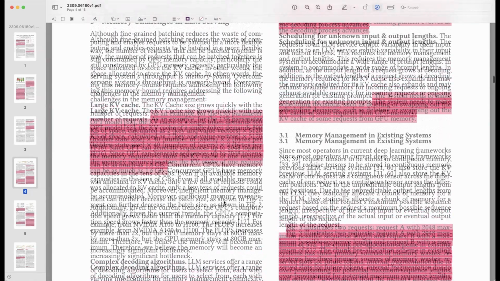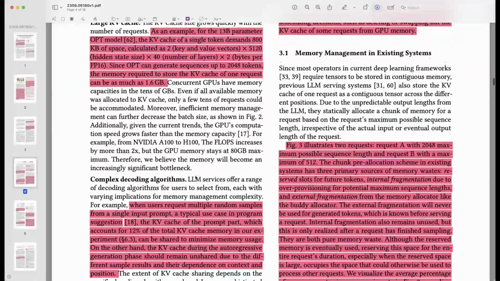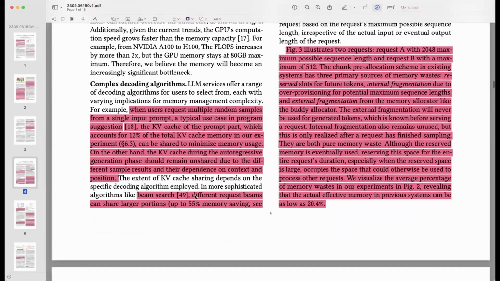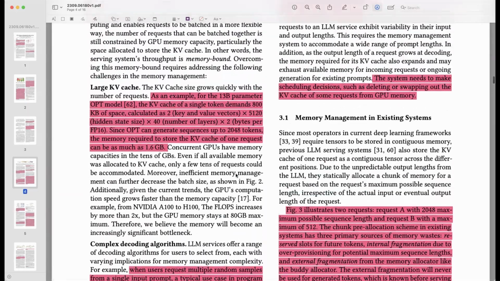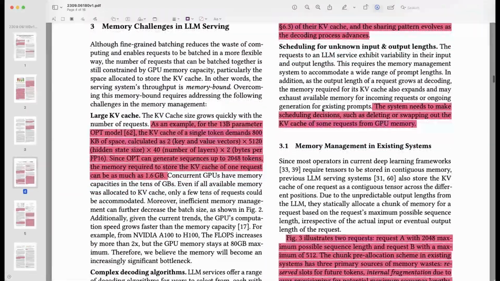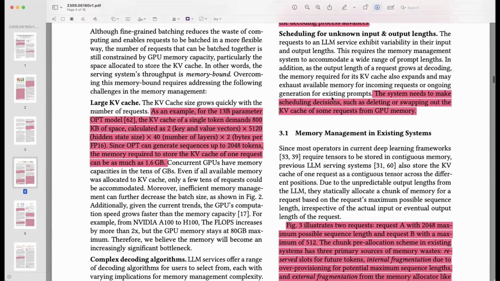Those would also increase the amount of KV cache needed, as well as require advanced cache sharing techniques. We go through an example of this at the bottom of the paper, so if you don't understand, that's fine. Those were two big problems, and the third one we've discussed multiple times is that the input and output length is variable.